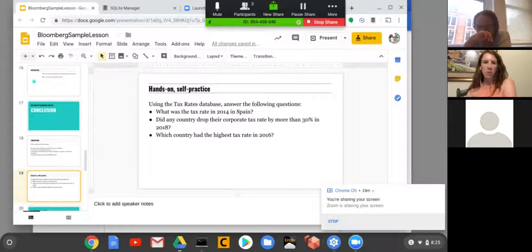Just from the way you set it up at the beginning with what's being taught, but then, why should I care? As we know, that's the most important thing for adult learners. So especially for a group like Bloomberg, being able to root it in that really specific business case of finding a tax haven was really cool.